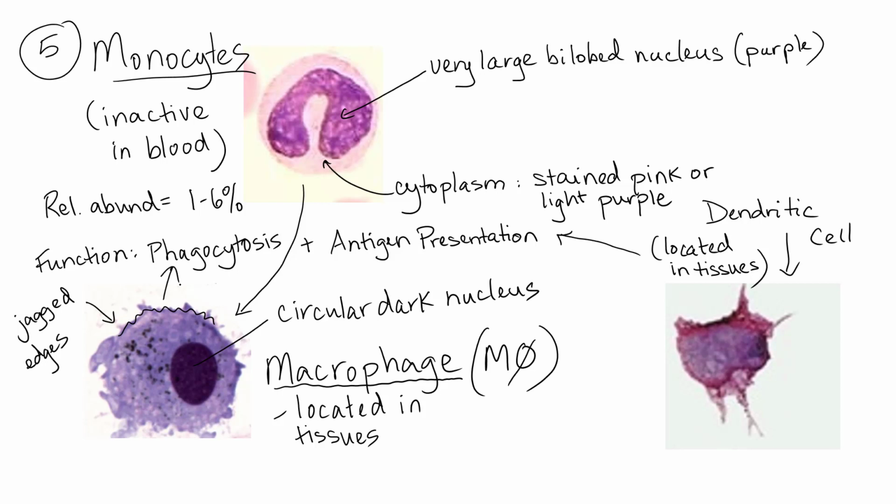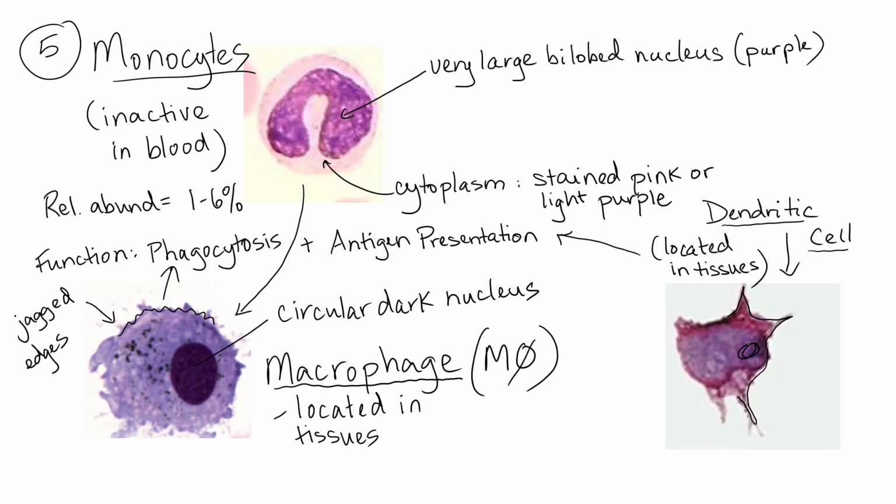So this function of antigen presentation as well as phagocytosis, that is the job of the dendritic cell. And notice that it has all these long, spike-like projections of its cytoplasm. If you've studied the nervous system, maybe you've learned about the dendrites of neurons. And so that's where it got its name from.